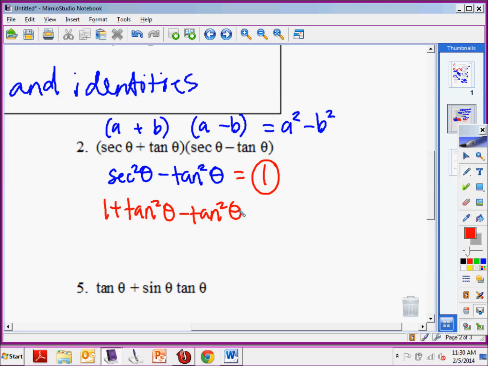And what's going to happen to my tangent? They're going to go away, because a positive plus a negative of the same thing is 0. And so either way, I'm going to end up with 1. So it doesn't matter how you get to that 1. The answer is 1. But if you remember this rule, it eliminates you having to FOIL and box.